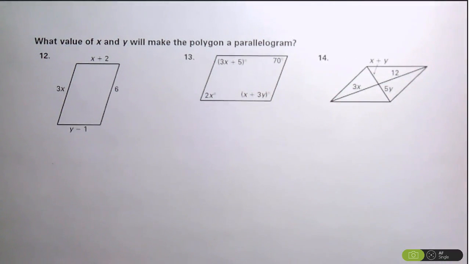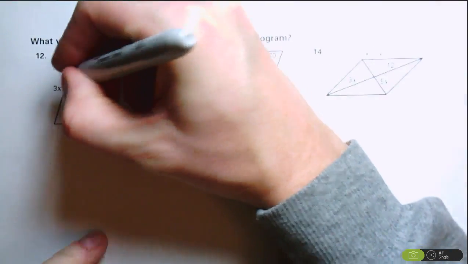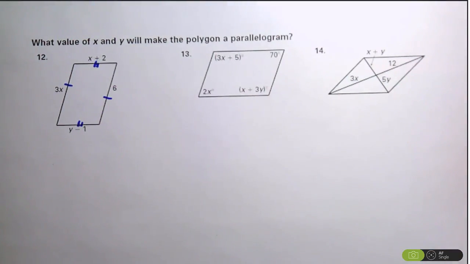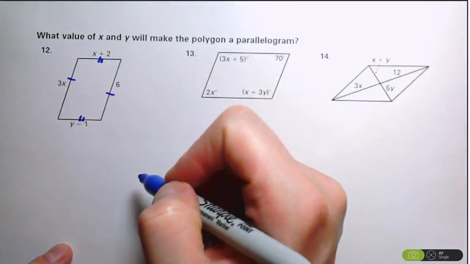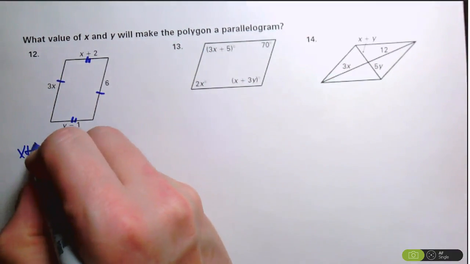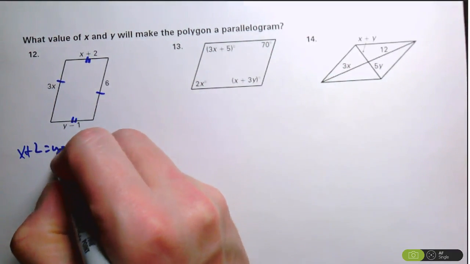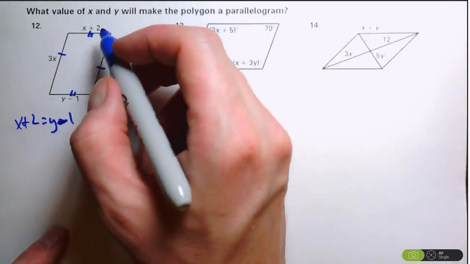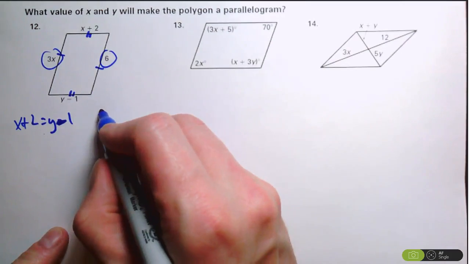So for instance, number 12, if you tried to say, well, if it's a parallelogram, opposite sides should be congruent, and you tried to jump ahead and say x plus 2x equals y minus 1, the problem is I can't solve for x in that, or y. The real thing is to realize that 3x had to be 6.